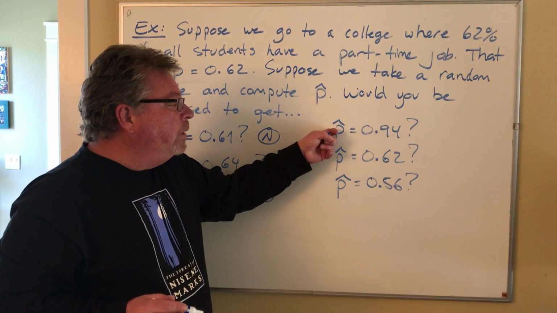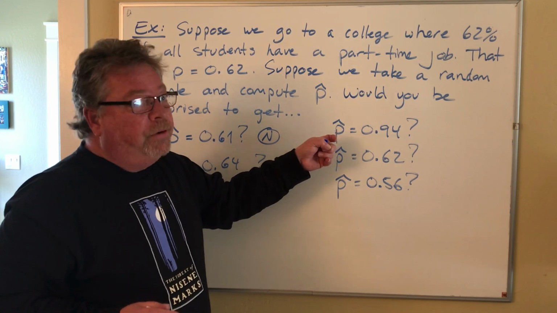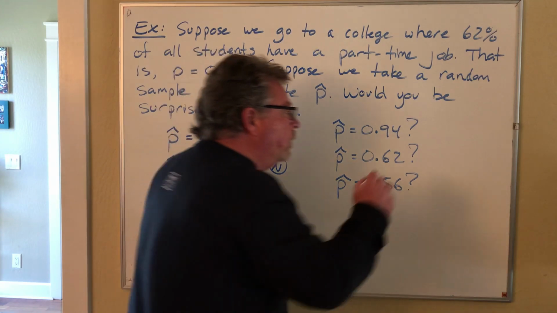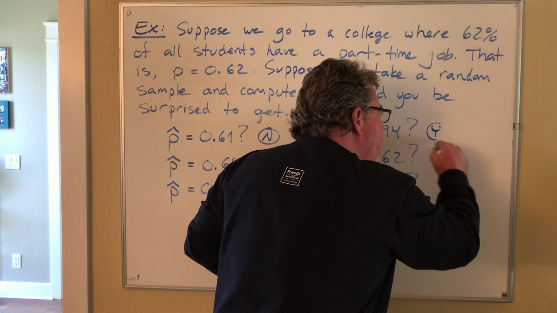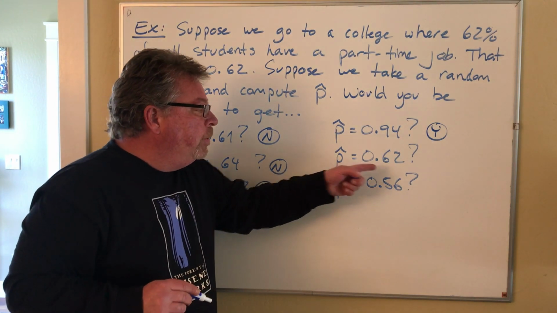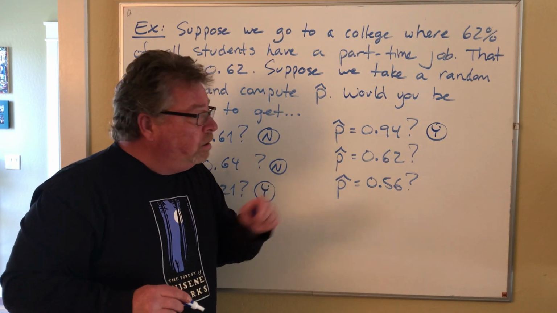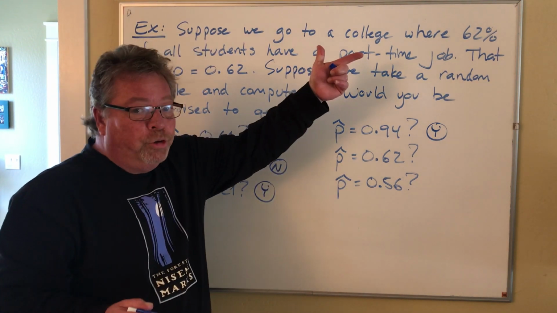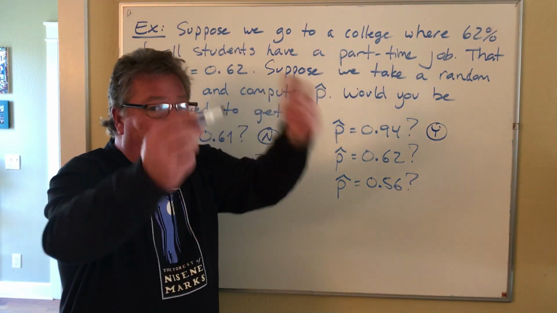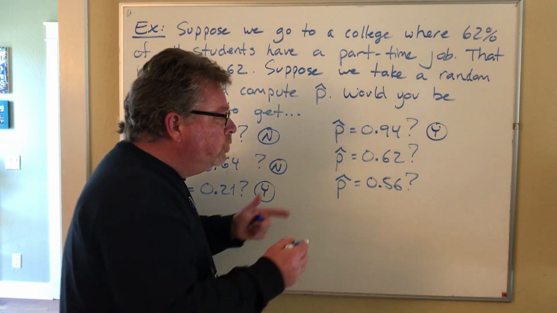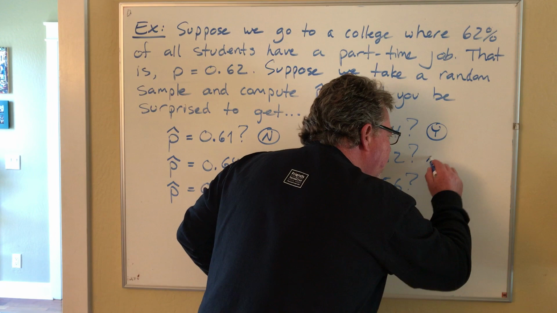And by the same argument, this one right here is going to surprise me also, because it seems really high based on what I'm thinking I should get. Now, here's a key one. Would you be surprised to get a p-hat of 62%? To a certain extent, absolutely not, because 62% of the people at this college have this characteristic. So this is not going to surprise me at all.